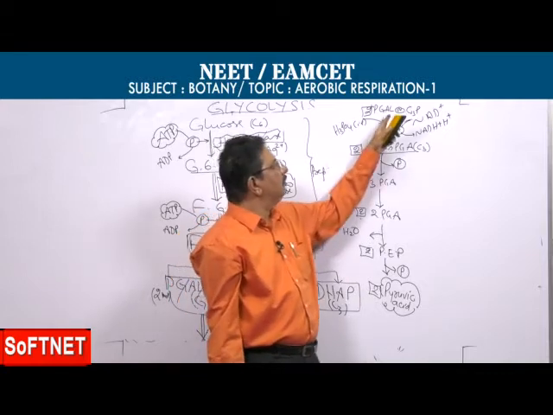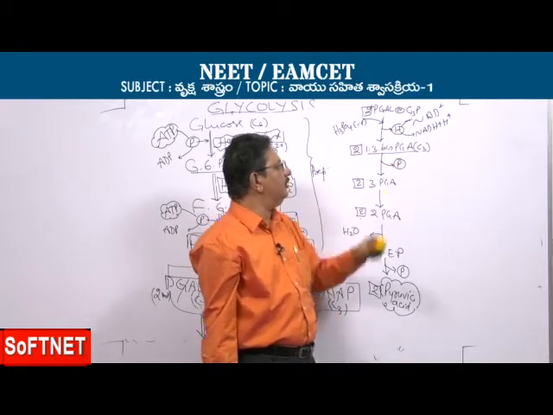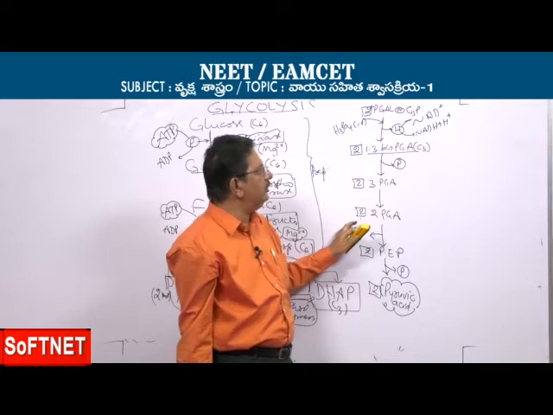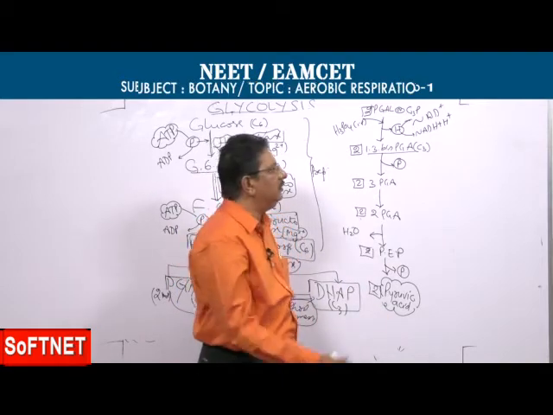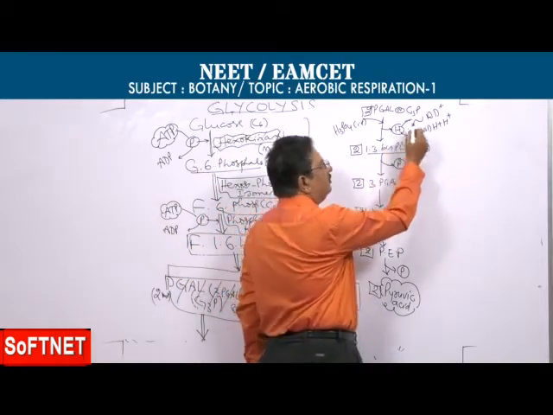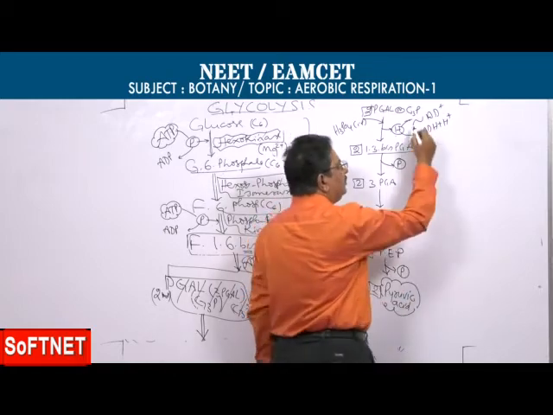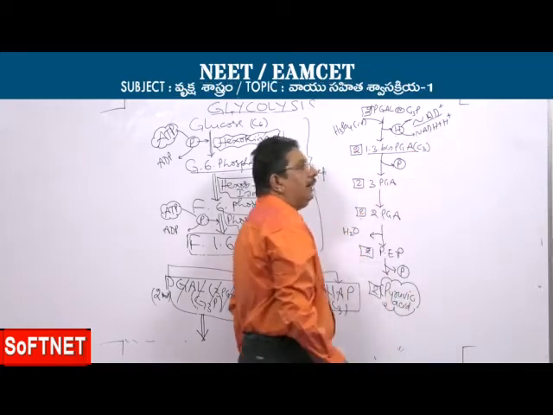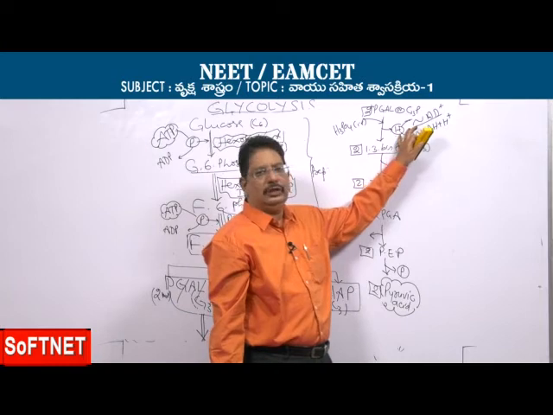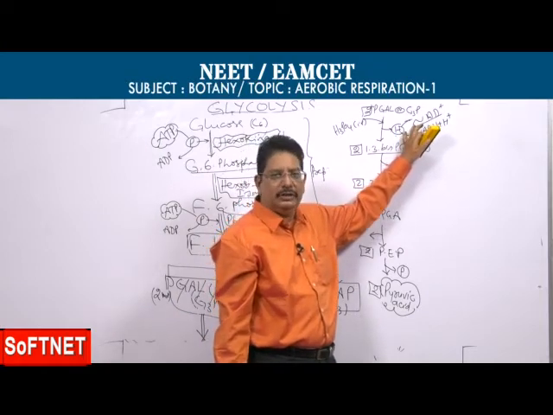The first biological oxidation step in aerobic respiration occurs when dash converts into dash. So, that is when G3P is converted into 1,3-bis PGA, there is an oxidation, and these hydrogen atoms are taken by NAD plus, nicotinamide adenine dinucleotide, which is an important coenzyme.